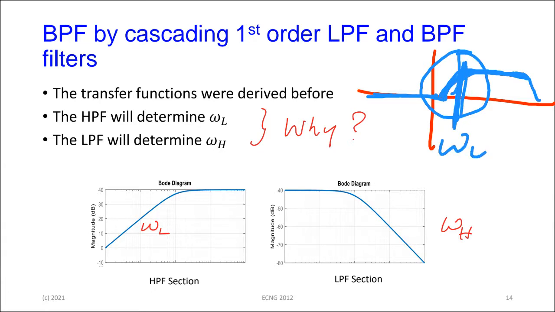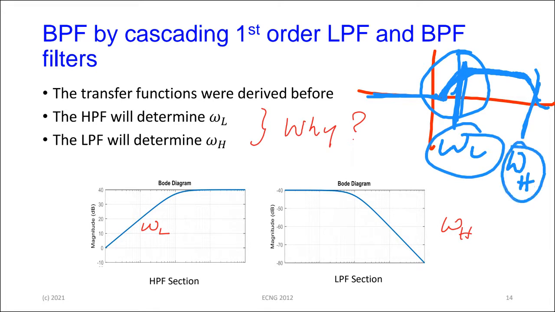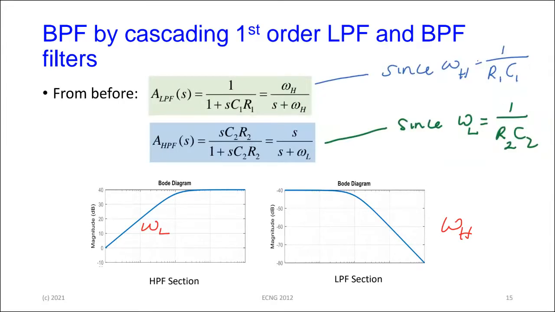Where you pass and then you stop, that is low pass filter behavior, and that is the high cutoff frequency for the filter, right? Each filter has nothing to do with its design, but with what we are using it for: we're using the high pass filter to set the lower end and the low pass filter to set the higher end. Yeah?